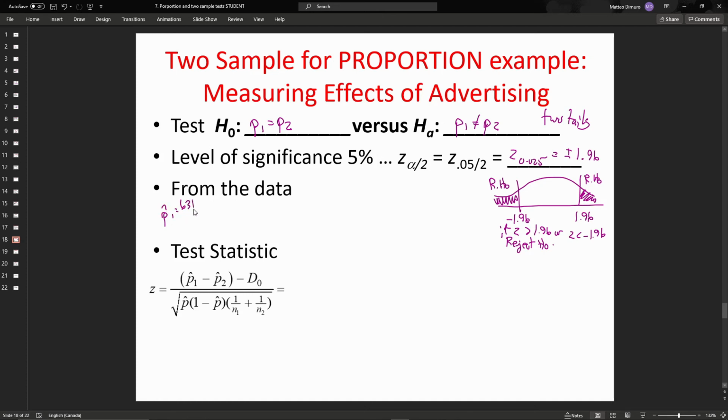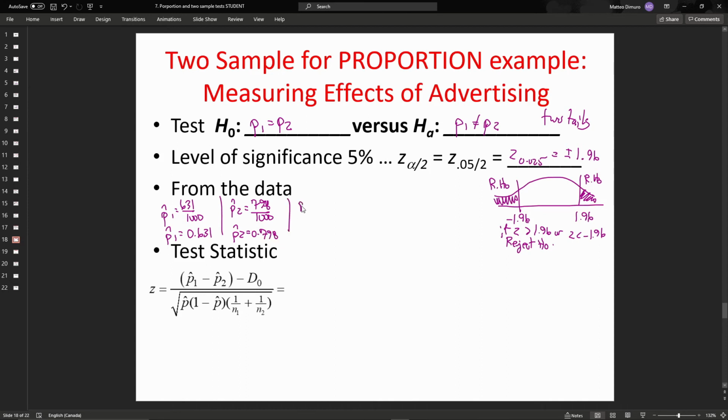That was 631 out of 1,000, so p hat 1 was 0.631. You don't need a calculator, just move the decimal in three times. Just trying to give you a quick trick. And then this one was 798 over 1,000, so 0.798. Hopefully you use the trick.